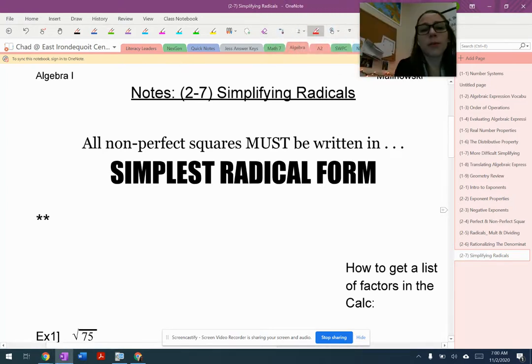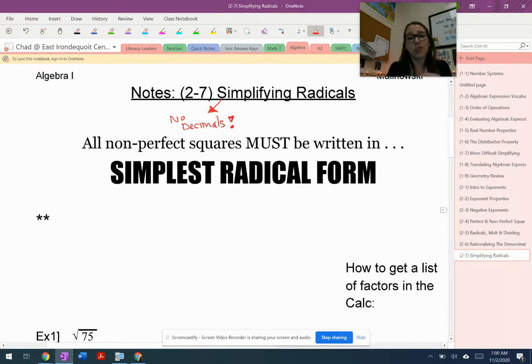Okay, so simplifying. Remember, when we're talking about simplifying, that does not mean to put it in the calculator. When we're saying simplify, there should be no decimals. It's not the same as evaluating. Remember, evaluating is just plugging that into the calculator and getting that long, ugly decimal in most cases.